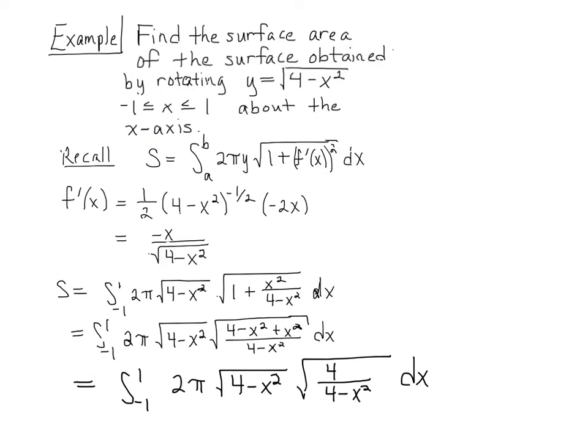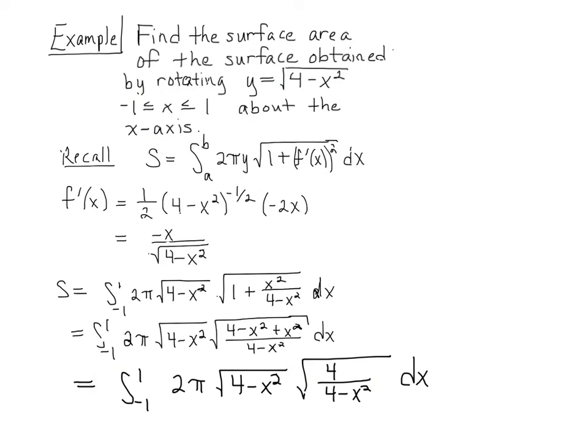Before we move on, let's make a note. Here you have 2 pi, which is constant, so we can move it outside. We have the square root of 4 over 4 minus x squared. Remember that the square root of a fraction is the square root of the numerator over the square root of the denominator. The square root of 4 is just 2, so we move that 2 outside as well.